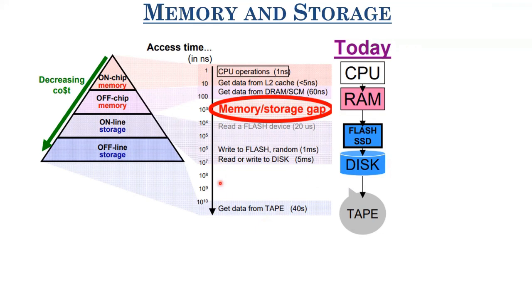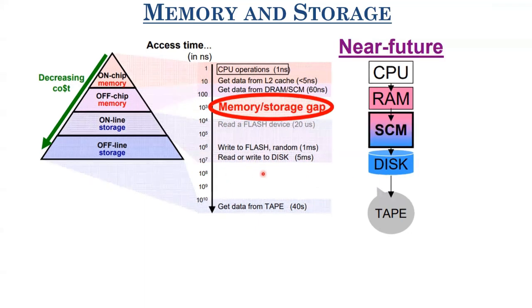In the near future, you can expect a huge class of memories known as storage class memories, which are faster than the hard disk but slower than your DRAM. They are denser than your DRAM, but less dense than the hard disk.